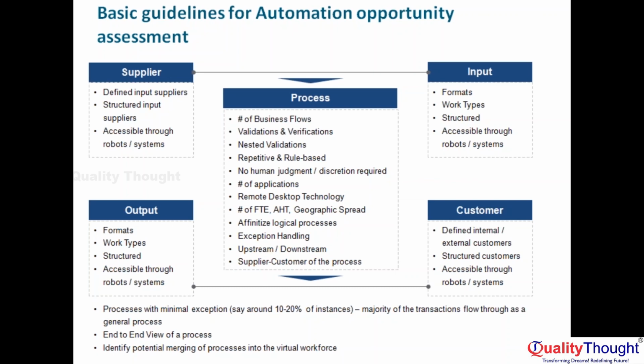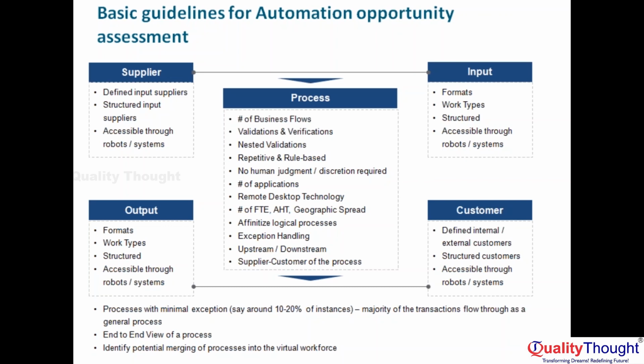Then it is not advisable to install a bot for the task, because a high court contains legal, sensitive data. It is better to avoid using the bot. So understand the customer: who is going to use the data processed by the bot? If your customer is sensitive, like legal authorities of a government, better to avoid. So supplier and customer of the process, same point. Like this you need to analyze.